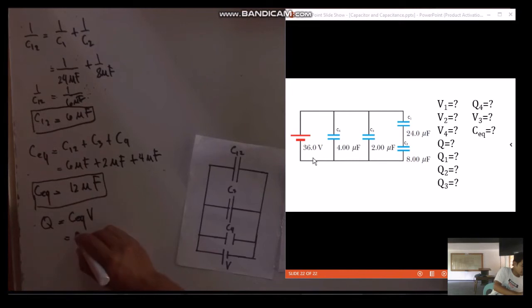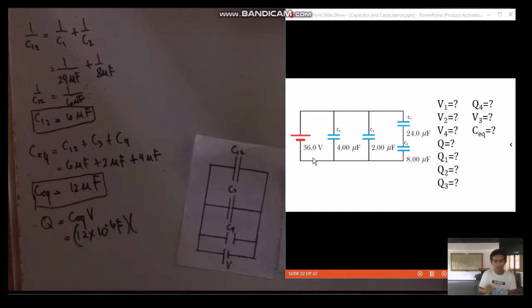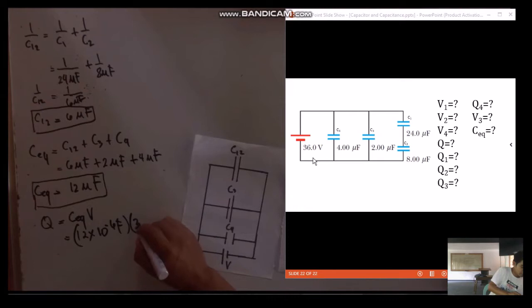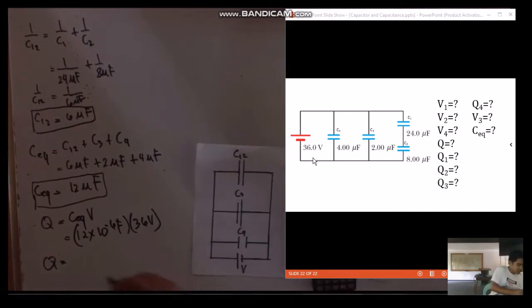Equivalent capacitance is 12 microfarad, or 12 times 10 to negative 6 farad, multiplied by the total voltage, 36 volts. Then the total charge will be equal to 4.32 times 10 to negative 4 coulomb.